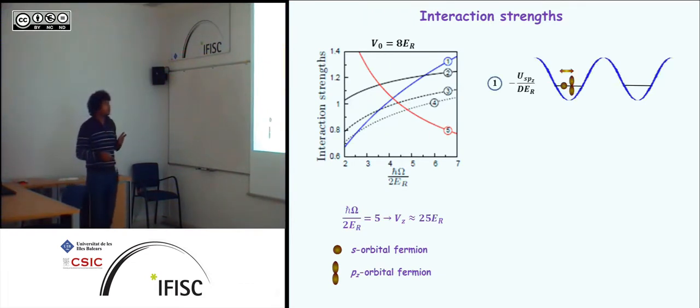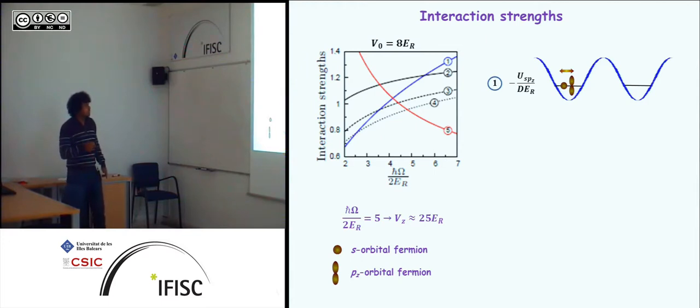This is the point. So here I will show one of these pictures, which is the interaction strength as a function of this trap strength, and what you will see is the number 1 curve, which is the important part here.